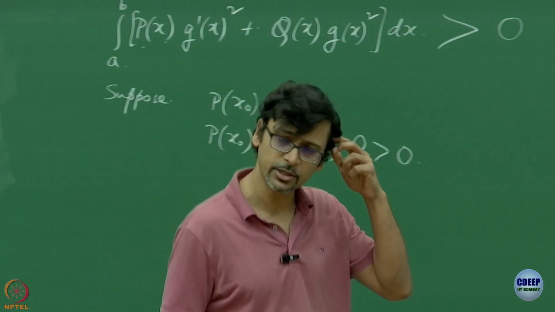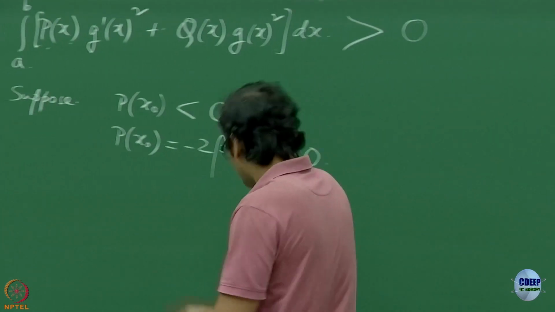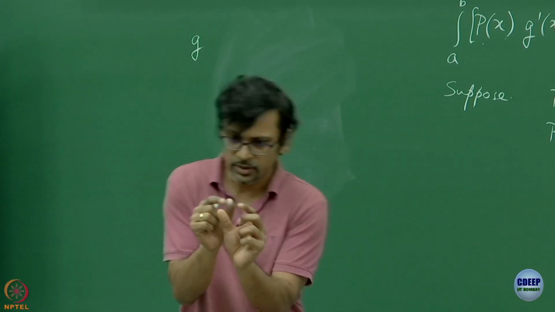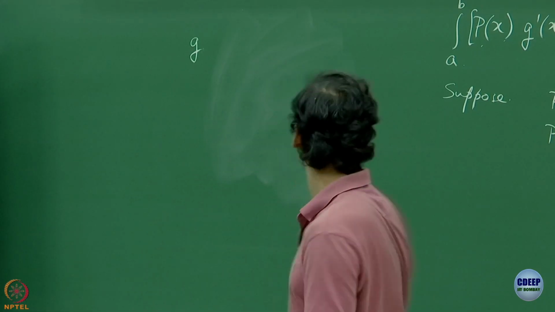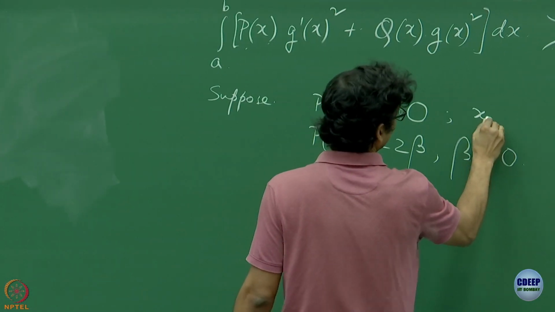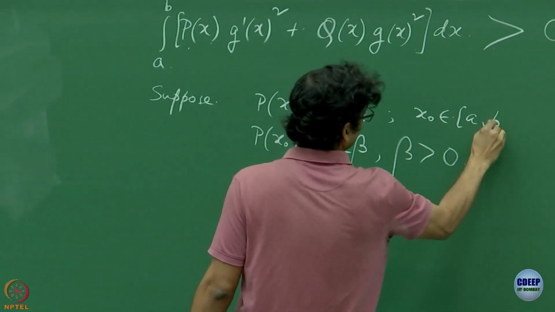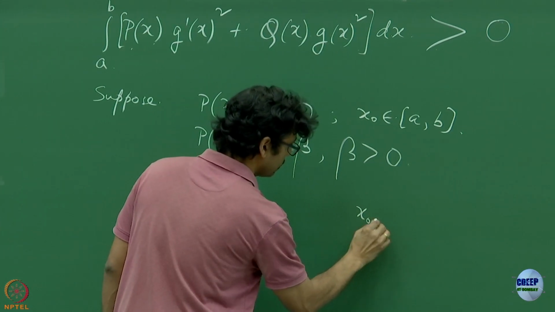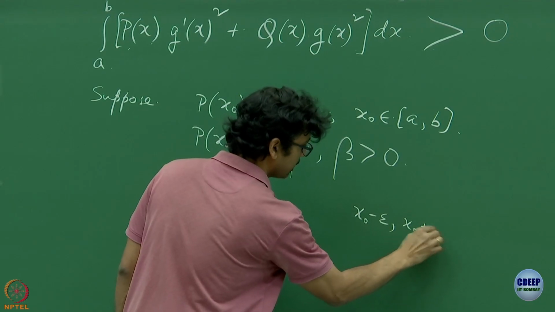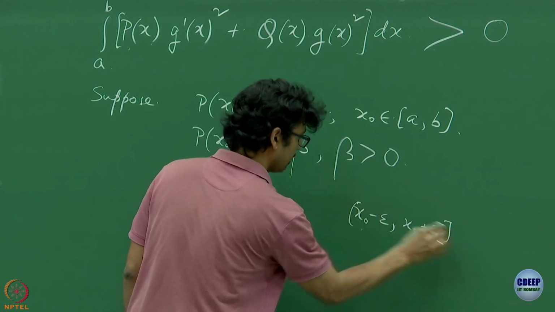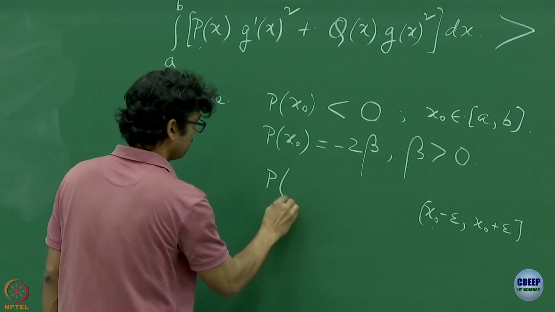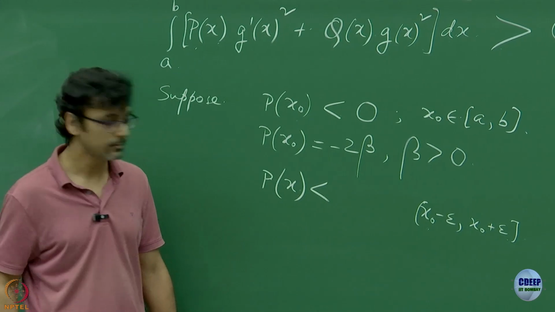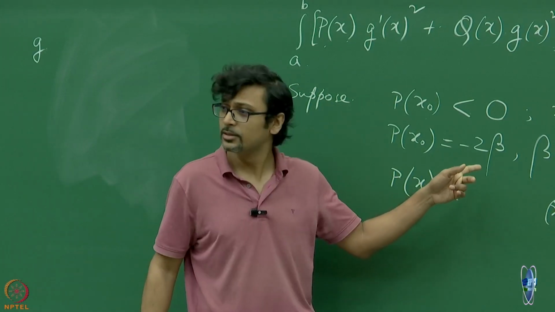And because of the continuity of p, what can we say? That it will certainly not jump from this negative value to a positive value instantaneously. So for a small little interval around x naught, so of course x naught belongs to the interval a to b, you can always find a small little interval x naught minus epsilon to x naught plus epsilon such that p x is smaller than, what is the value we had chosen?